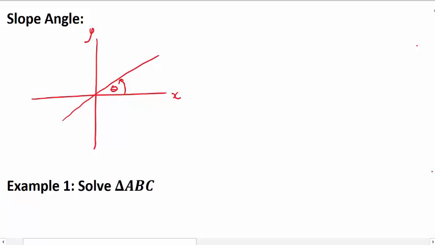Now in this case it's going counterclockwise, so this is an angle of inclination. And angles of inclination are positive angles.